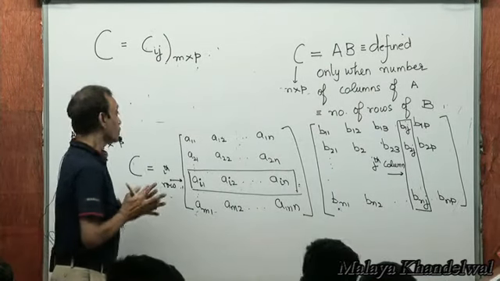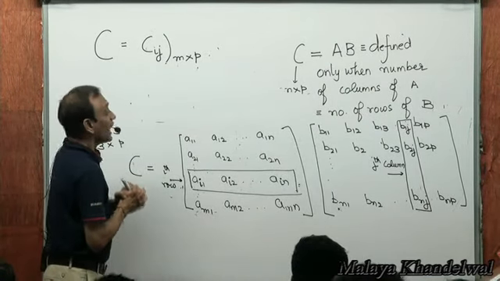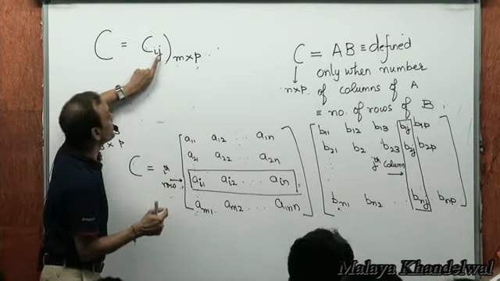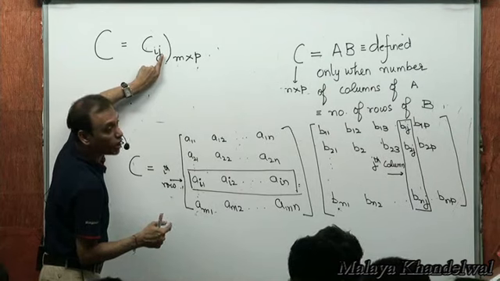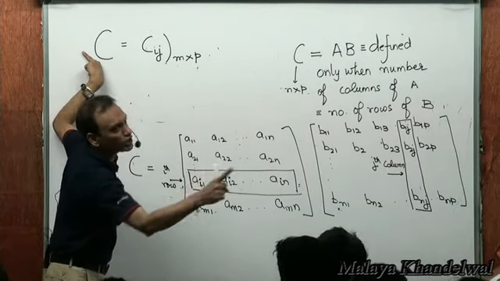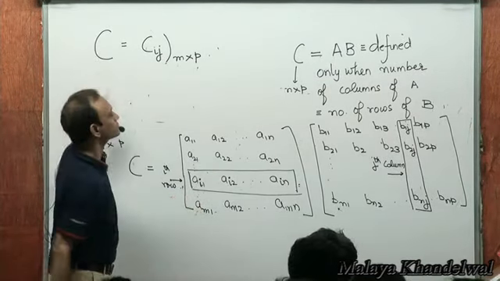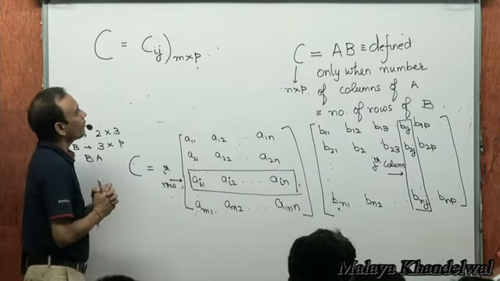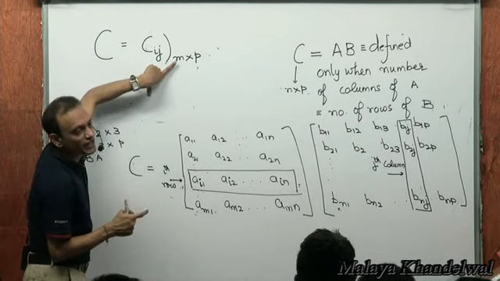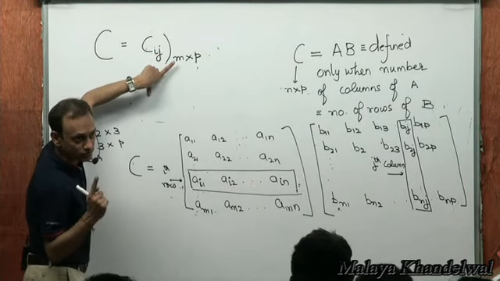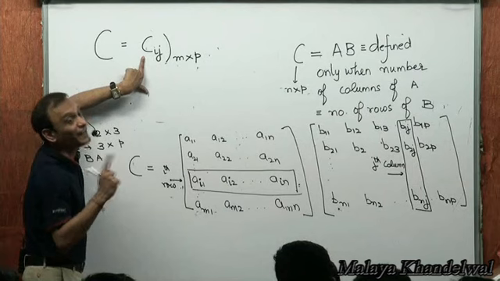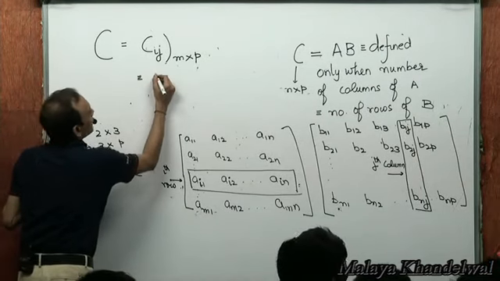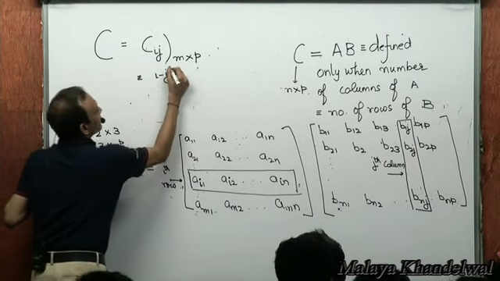Now, how do I obtain Cij, the element belonging to the ith row and the jth column of C? C is the product of A and B. So when I have to obtain the ijth element of C, that means I am obtaining the ijth element of AB.